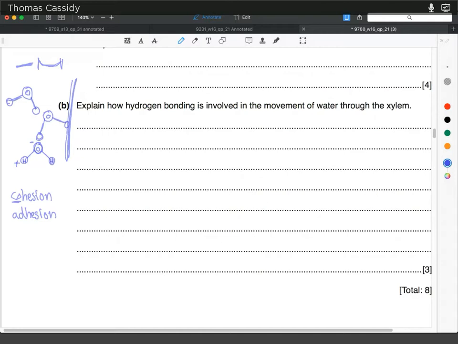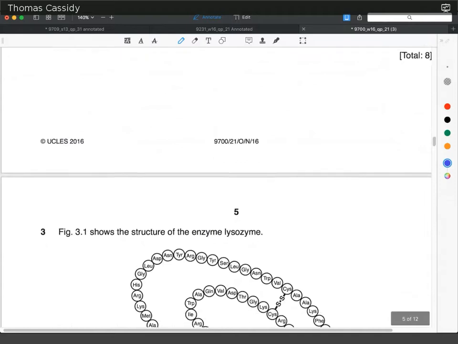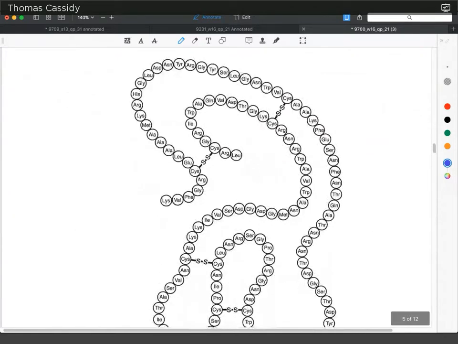If you hit those two points, it's a 3-mark question, but hydrogen bonding comes up a little bit later in the paper as well. Any questions about that, or is that cool? Yeah? Cool. And so we're on to question 3.